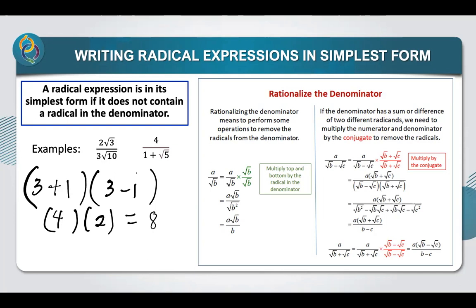All right? So 3 plus 1 is 4. 3 minus 1 is 2. So I am multiplying binomials that have the same numbers, but opposite operations. One is a plus, the other is a minus. But isn't that 8 the same as 3 times 3 plus 1 times minus 1?